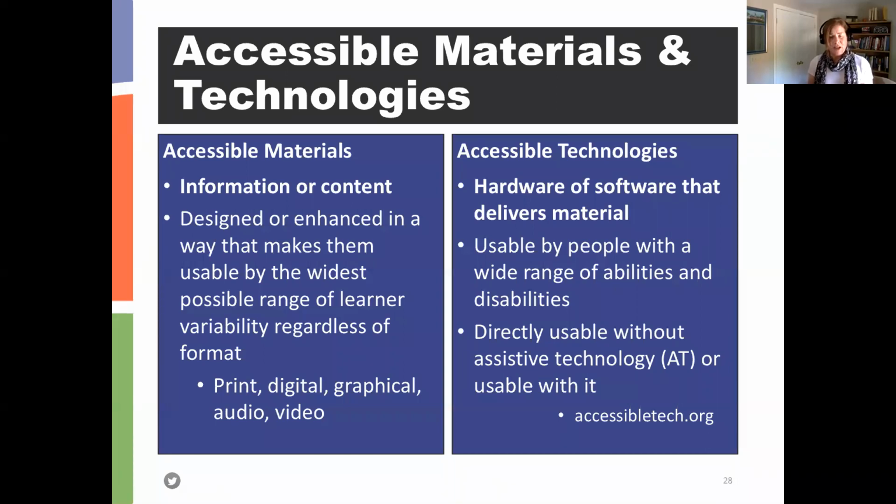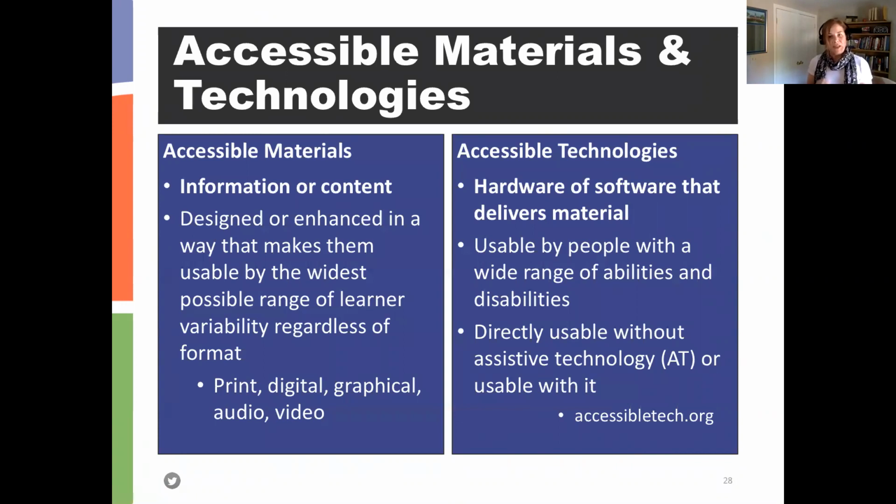And then a technology is the hardware or the software that delivers that content, delivers the material. So things like tablets, learning management systems, computers, smartphones. So that's the technology, it's the delivery system of the material. It's accessible when it's usable by people with a wide range of abilities and disabilities. And it's also accessible when it's directly usable without assistive technology or usable with it.